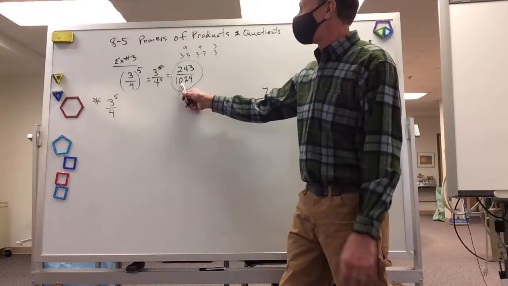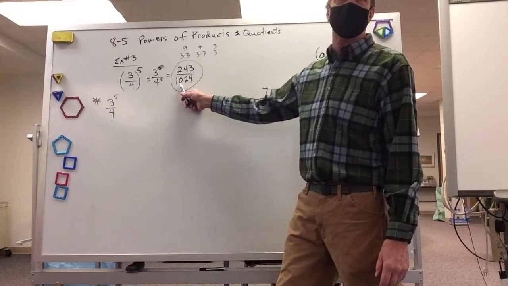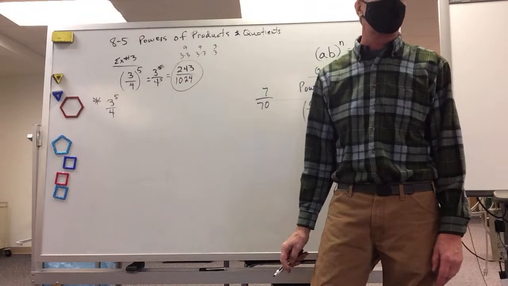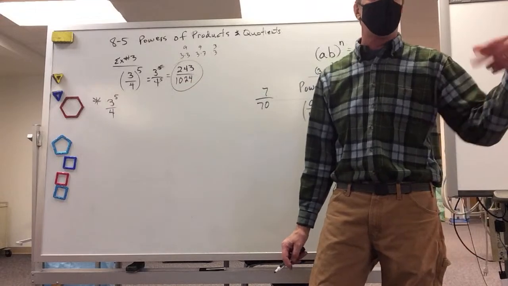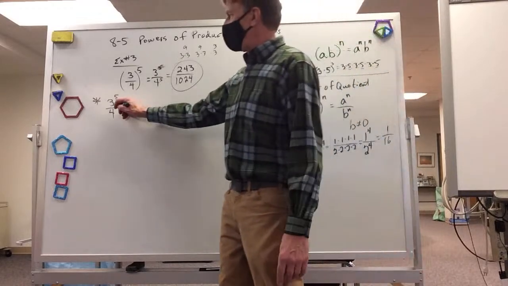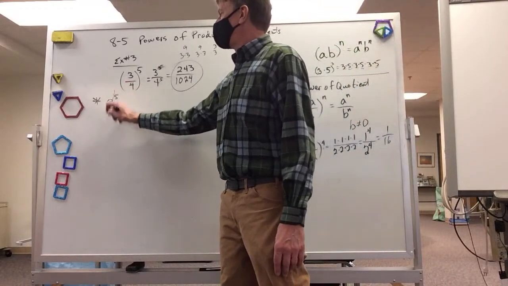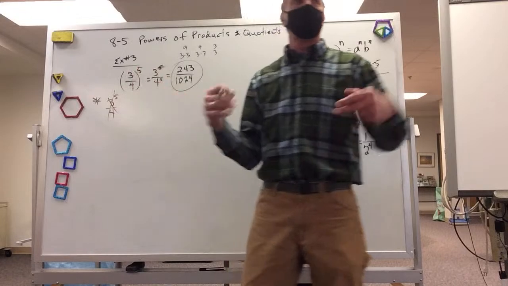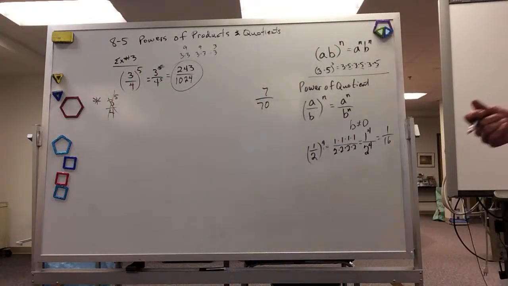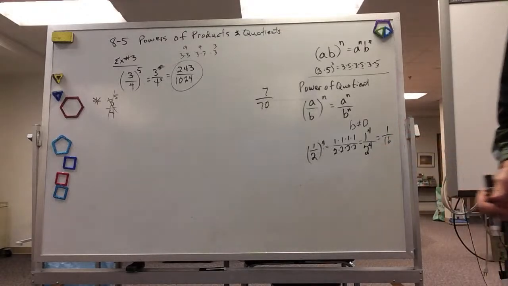So all this is a bunch of 2's being multiplied together, and this is a bunch of 3's being multiplied together, so there's no way to simplify that. So just know that, and don't be looking to simplify things when the factors, the numbers that we're using to come up with this, are not able to be simplified. Okay.